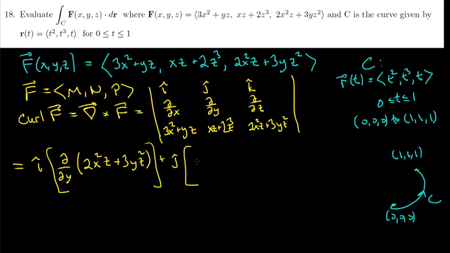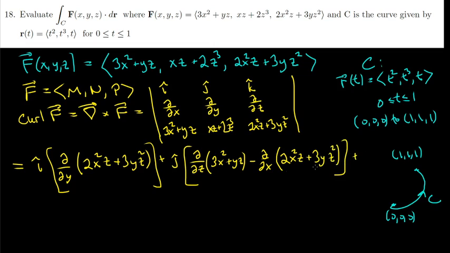Now, for a plus j, remember you're going this way, because ordinarily it's minus j. So we're going to do the z partial first, because we're just going to subtract in the opposite order here. So 3x squared plus yz with respect to z, and then minus the x partial of P, which is 2x squared z plus 3yz squared.